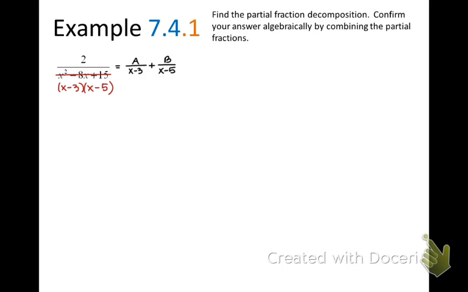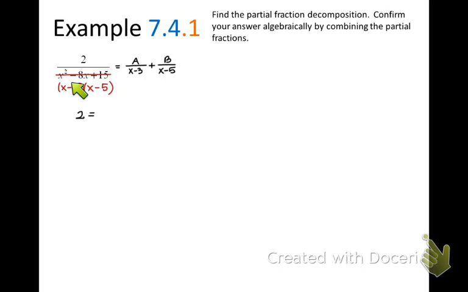So the question is, well, how do we do that? Basically, you multiply this entire thing by the common denominator, which should always be this whole thing. All right? So if I multiply this fraction by the whole common denominator, then I lose that whole denominator, right? So in other words, this drops down to 2.